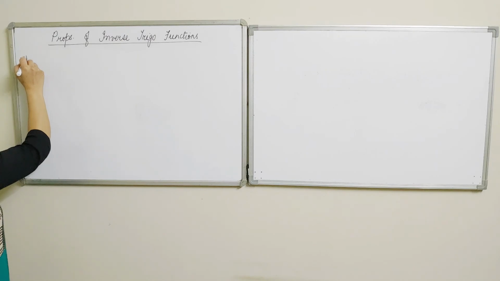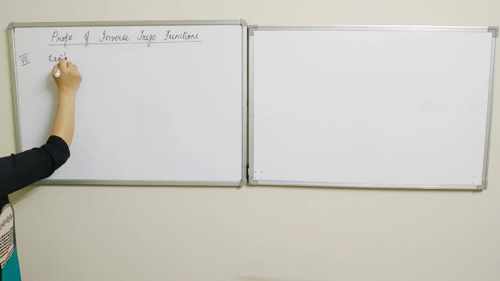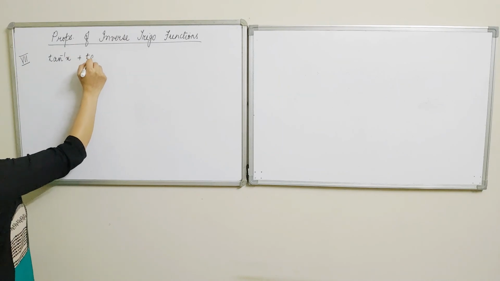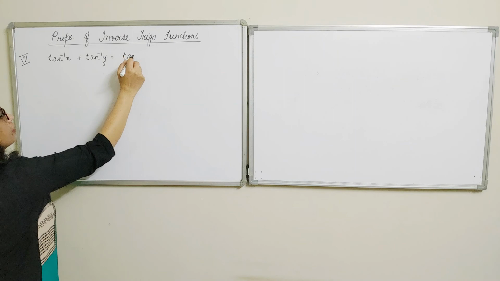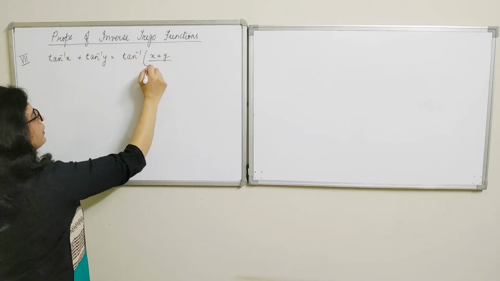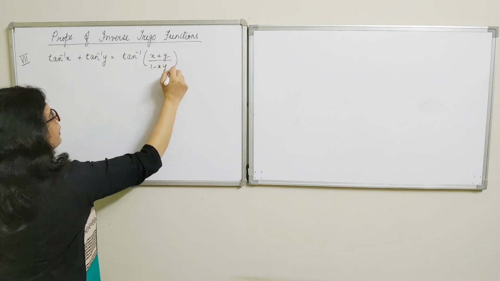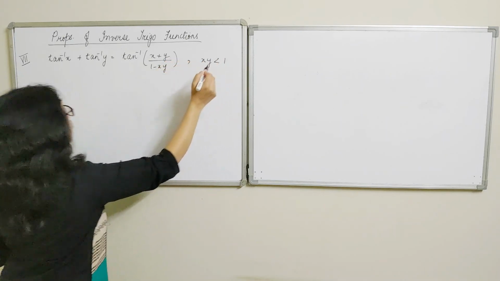The seventh set of properties: tan inverse x plus tan inverse y is tan inverse of x plus y upon 1 minus xy, where xy is less than 1.